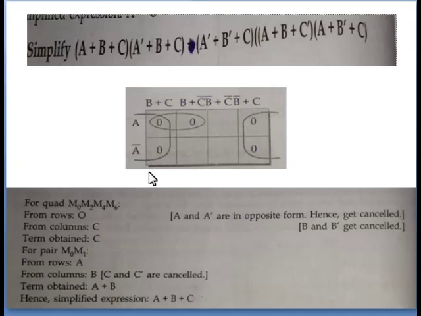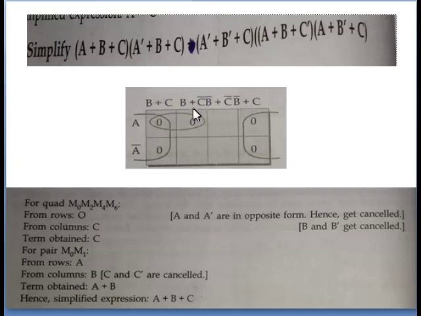From the pair we will get the row representation A, so from the row we will get A, and in the column B plus C bar. Here the variables C and C bar are opposite to each other, so it gets cancelled.